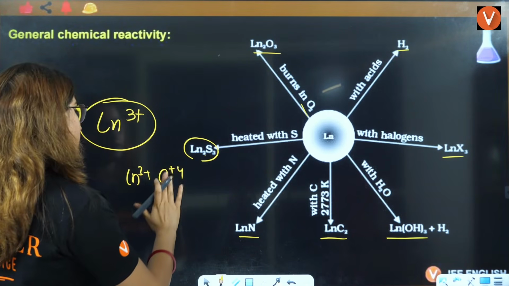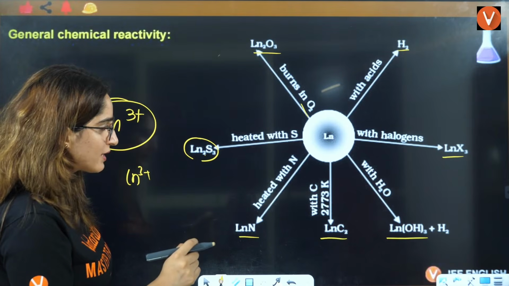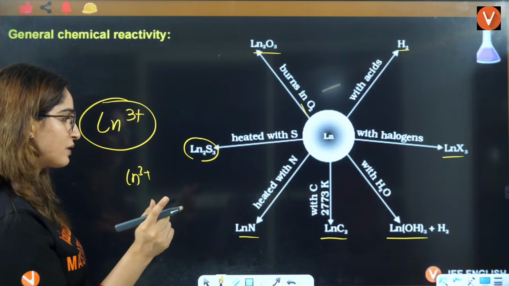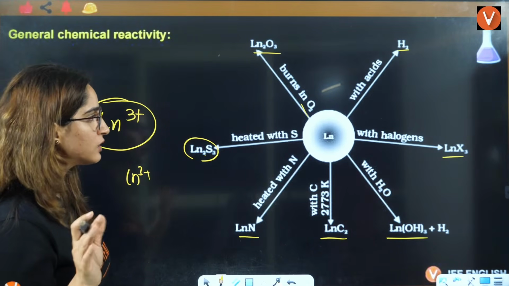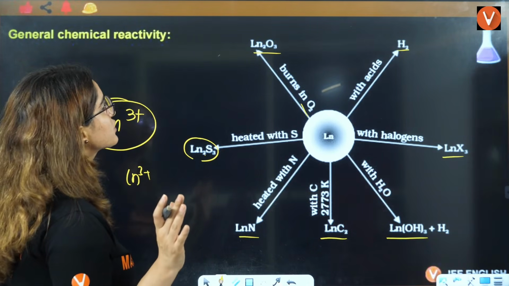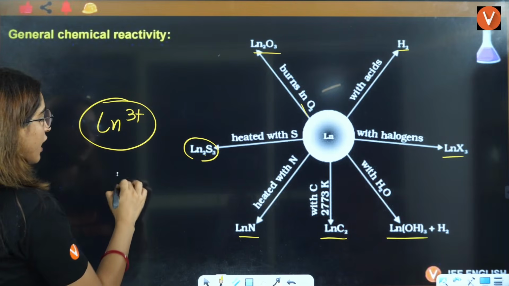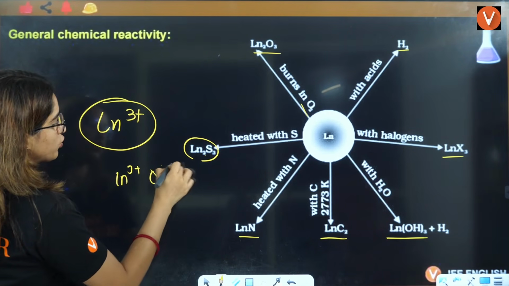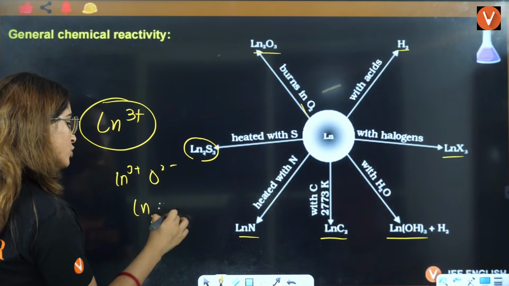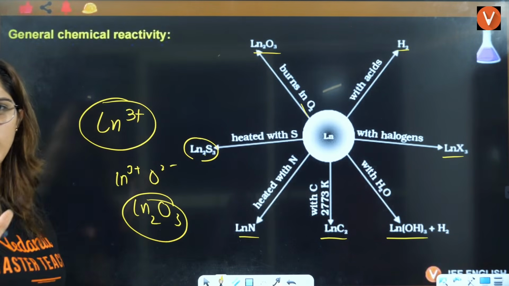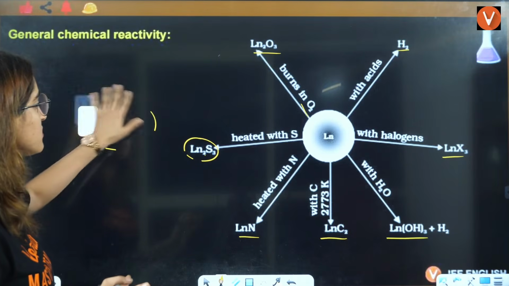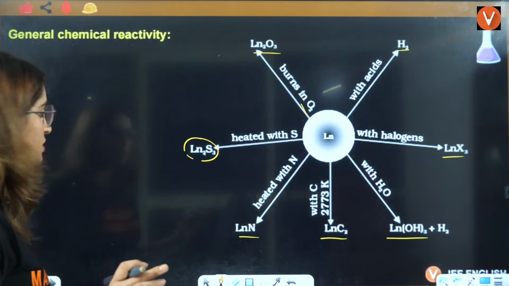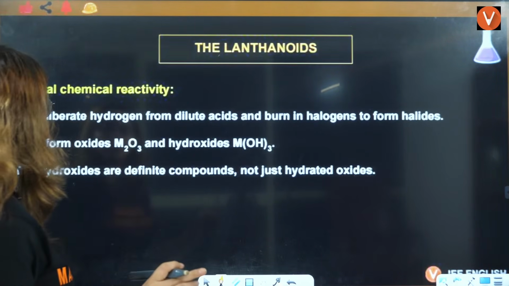With carbon, it's not actually forming like that. It is forming with +2, right? Ln 2+ is forming it. In others, it is 3+ only that is forming. Like you have Ln 3+ and O 2-, that will be Ln2O3. Till now they don't ask questions from these reactions, so I'm not giving that much importance to these reactions here.